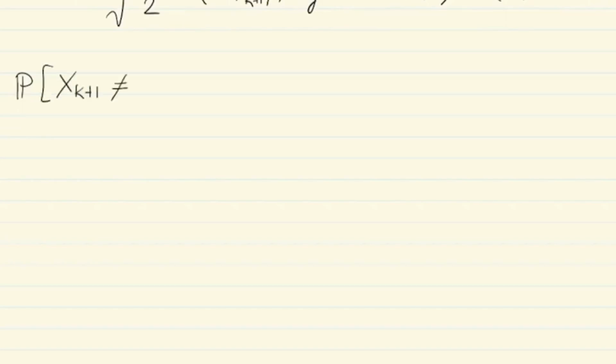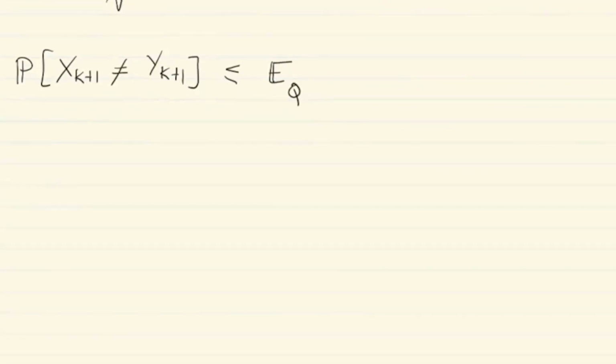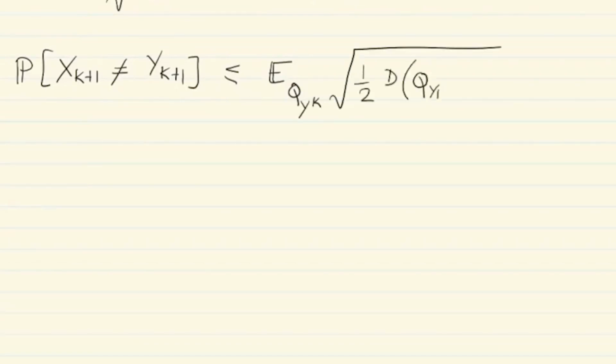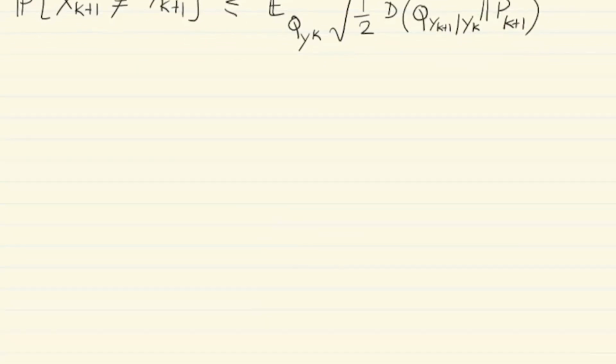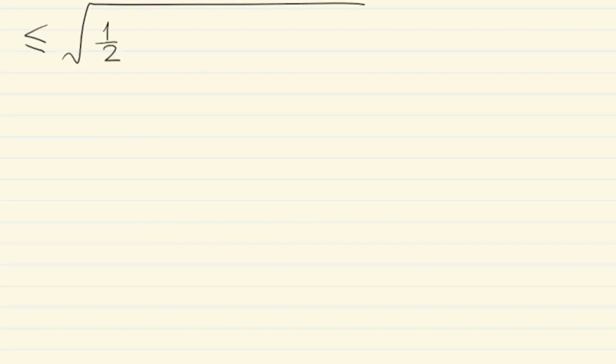So this satisfies the property that the probability, unconditionally, of xk plus 1 not being equal to yk plus 1 is at most the expected value under qyk of the square root of half the KL divergence of qyk plus 1, the conditional distribution, with respect to pk plus 1, and this by Jensen's inequality for the concave square root function is bounded by the square root of half the expected value of the conditional divergence.